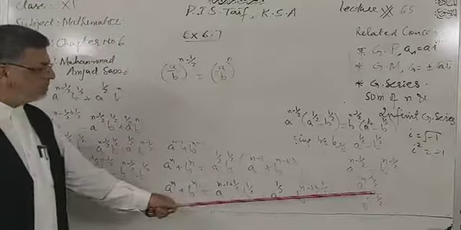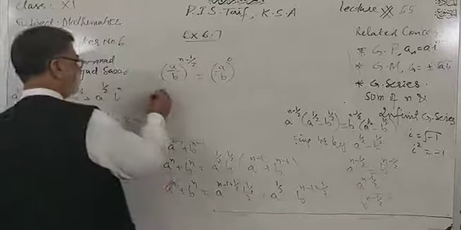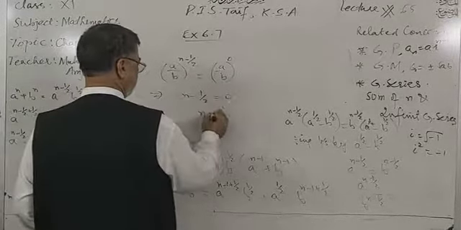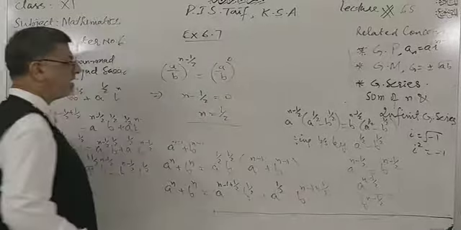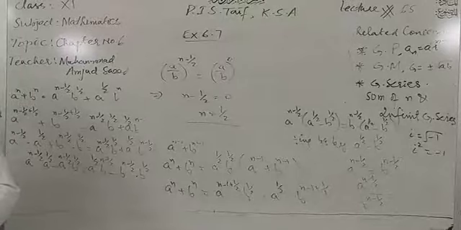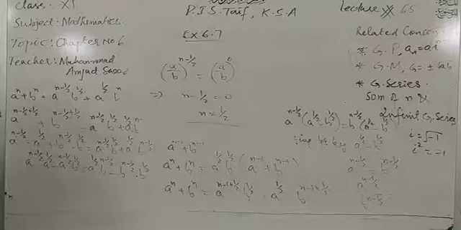Here both powers are combined, so if base is equal to base, power is equal to power. So n is equal to half. That is your answer. Dear students, that was exercise 6.7. After that, we are given questions number 7 and 8.